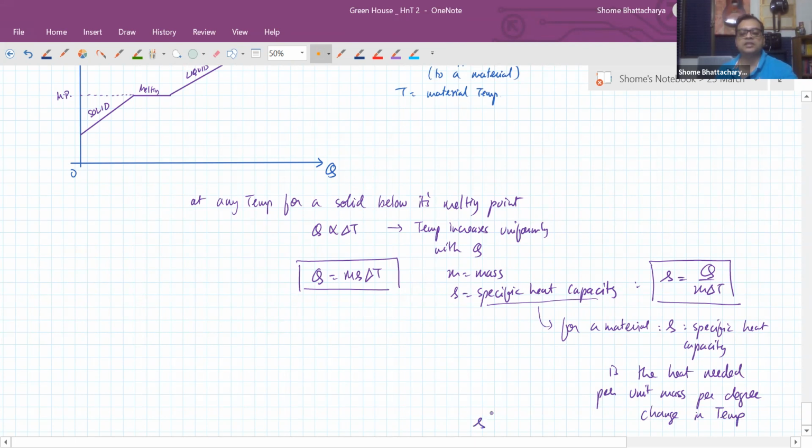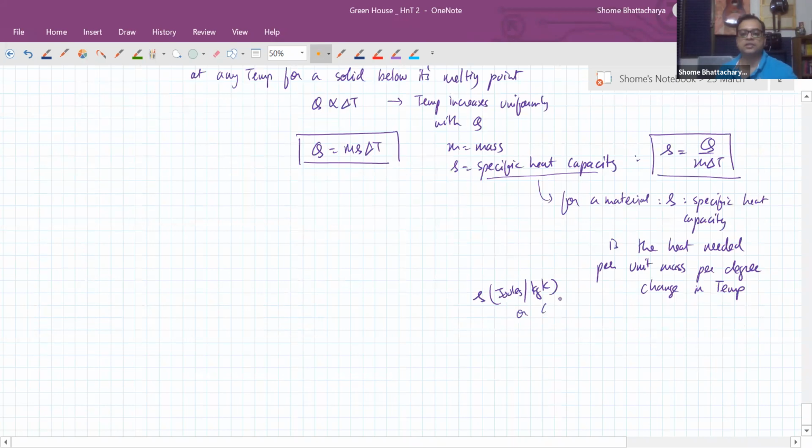That's why specific heat capacity is measured in joules per kilogram Kelvin, or it can also be expressed in calories per gram degree C.